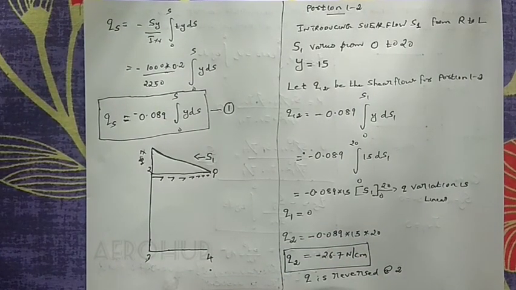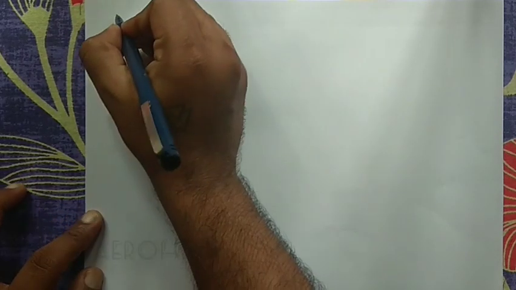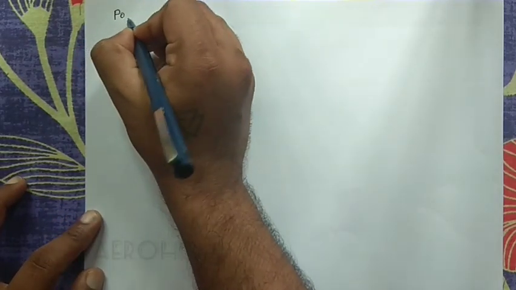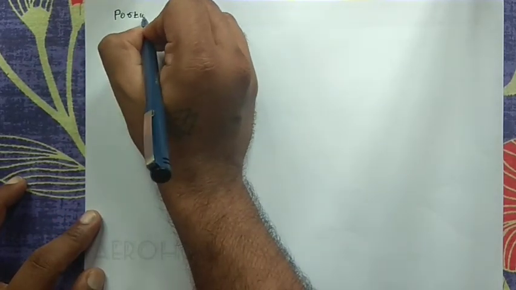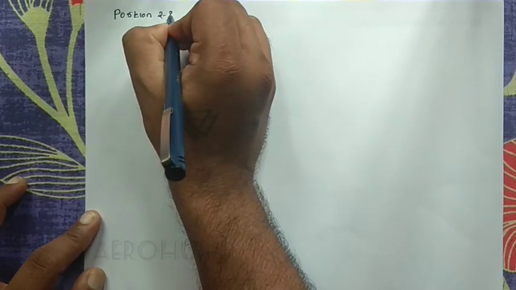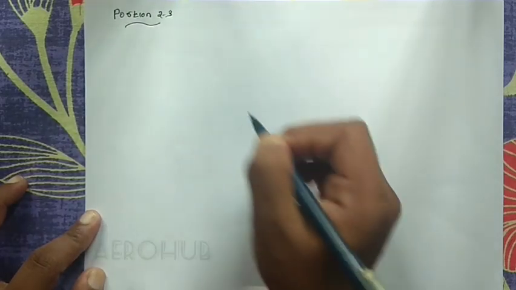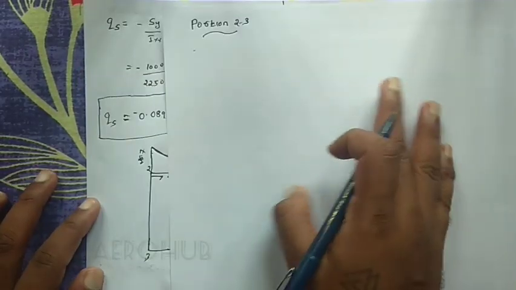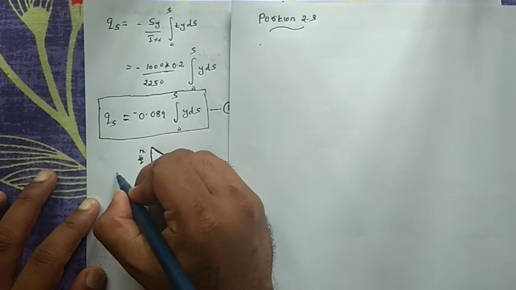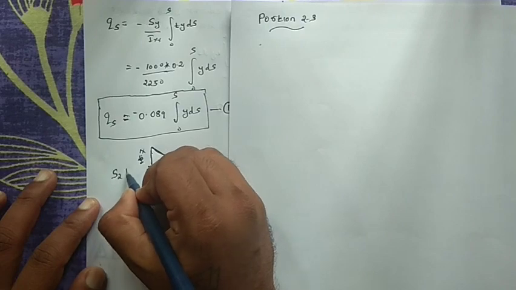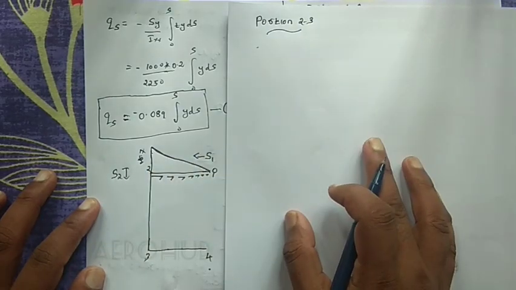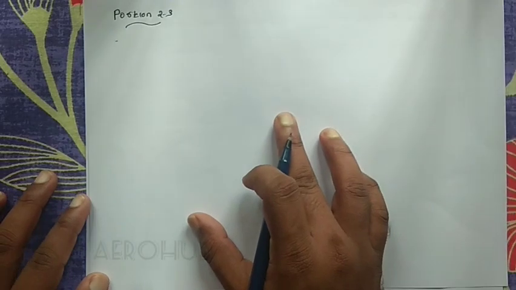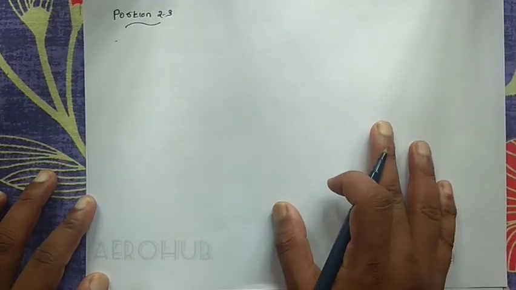Okay, now we will analyze the portion 2-3. For portion 2-3, we are introducing a shear flow S2 from top to bottom.